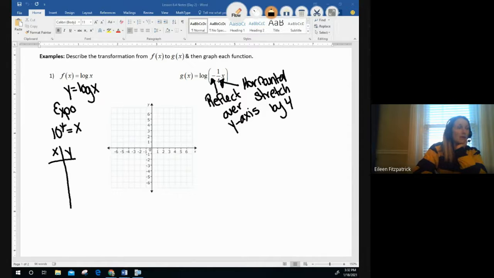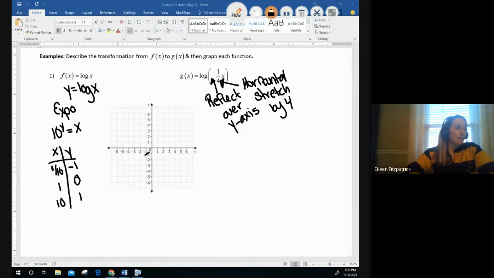But since it would actually be easier to pick numbers for y, I'll just pick -1, 0, and 1, right? 10 to the -1 is 1/10. 10 to the 0 is 1. 10 to the 1 is 10. It's a lot easier to pick values for y and then solve for x in this case.